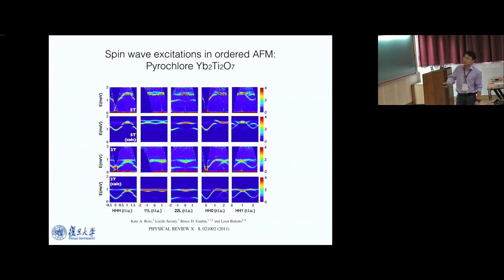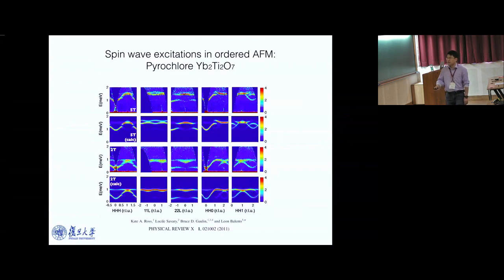This is the theoretically calculated spin wave dispersion along certain high symmetry momentum points, and this is the neutron scattering measurement. Neutron carries spin. When a neutron enters, it creates a spin flip and excites the spin wave excitation in the magnetic order of the material, and they detect this energy and momentum loss of the neutrons, and you can see a well-defined dispersion. And this is the comparison between theory and experiment.